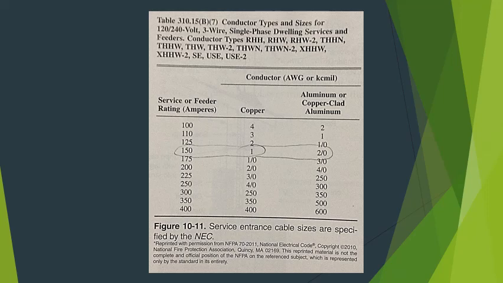When in conduit, all the conductors are insulated. The neutral is white, yellow, or gray. The hot wires are black or red. Service entrance cable is similar, but the neutral is bare.